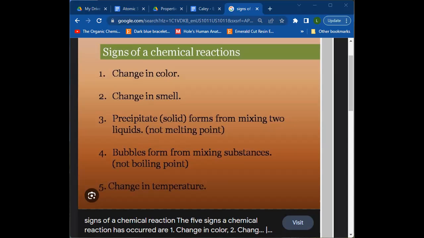Like I said, permanent change in color. Change in smell. So, for example, something rotting or decaying would be examples of chemical changes. Here's a great example of a color change: a banana changing color from yellow to brown. A chemical reaction is occurring.